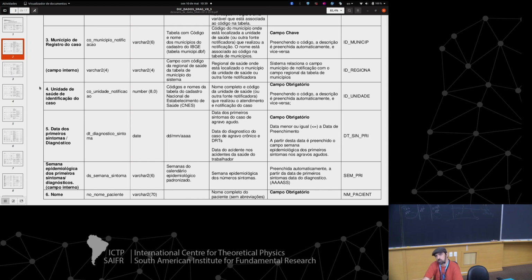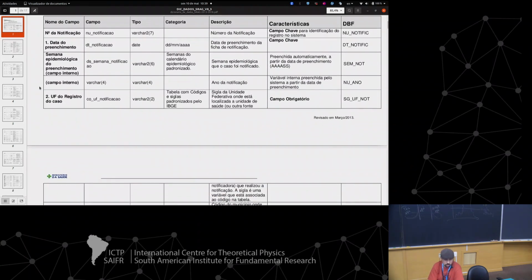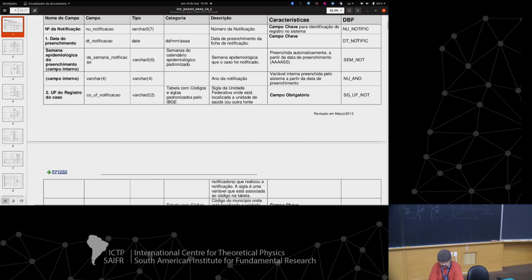Okay, with those three variables, then you have a unique identifier for each entry on this system. Now you have information on the date of notification, the week associated with that, the year, and the federal unit or the state or province where that case was notified.